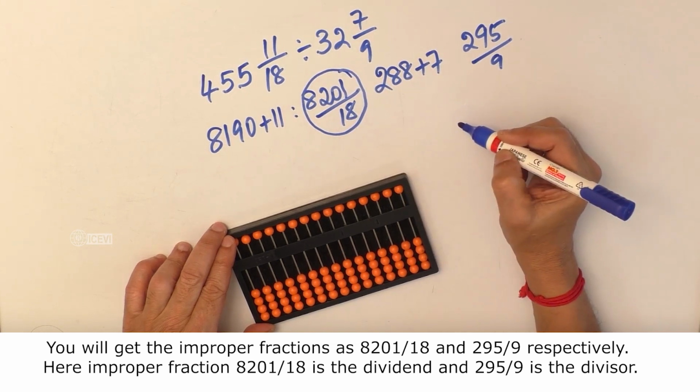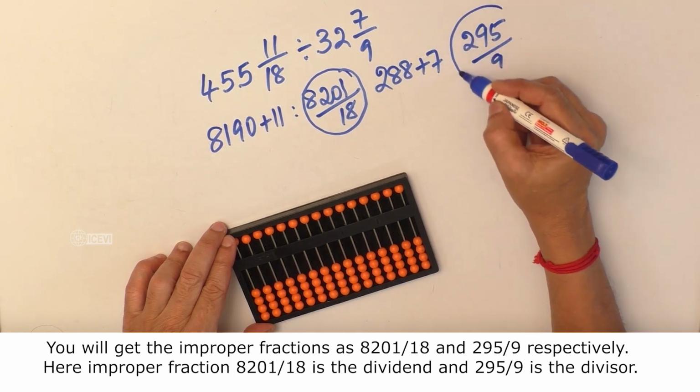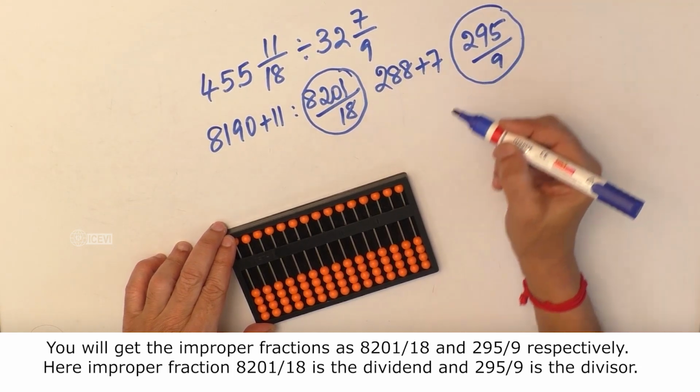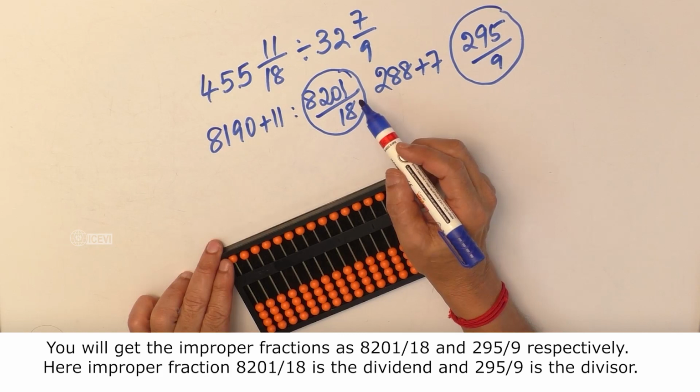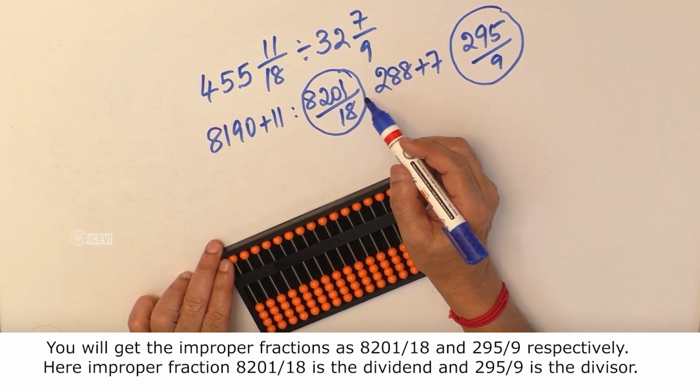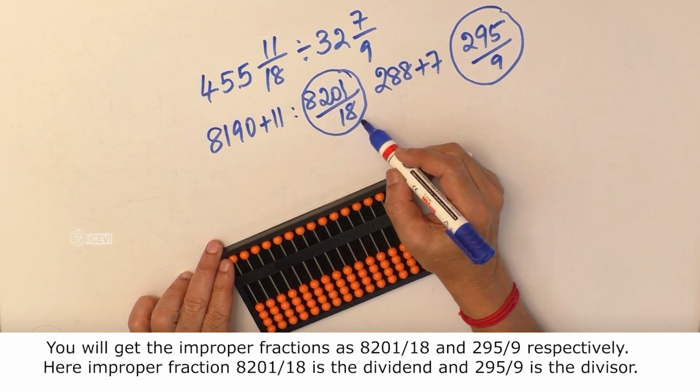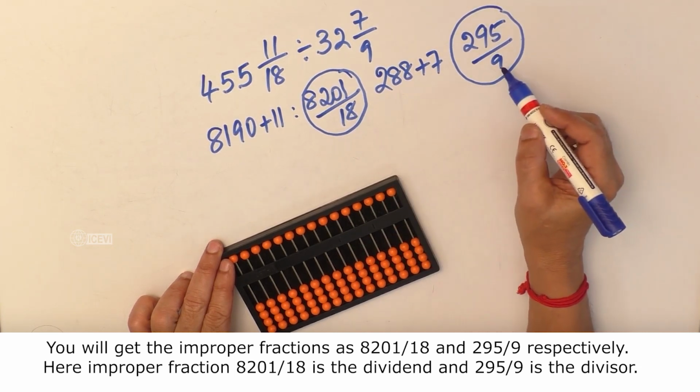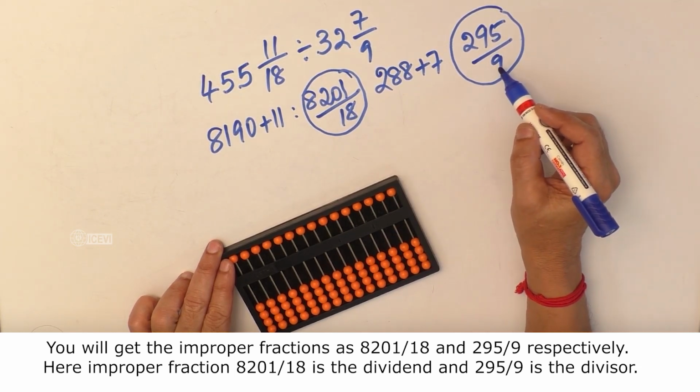You will get the improper fractions as 8201 by 18 and 295 by 9. Here the improper fraction 8201 divided by 18 is the dividend, and 295 by 9 is the divisor.